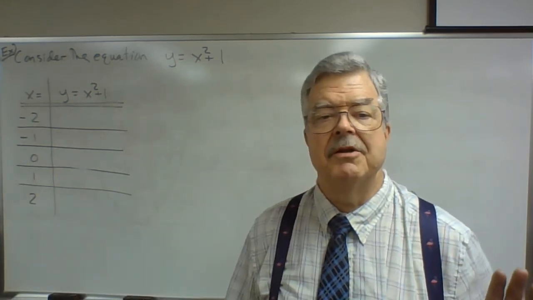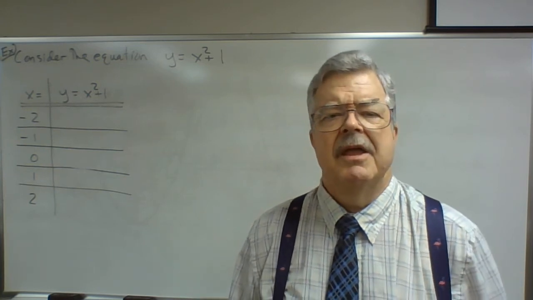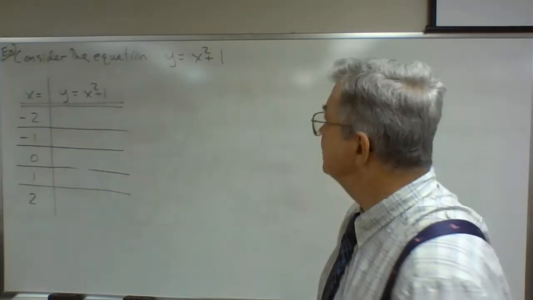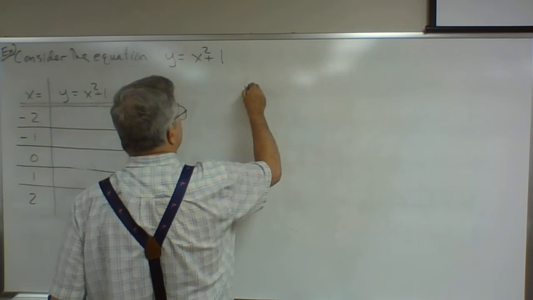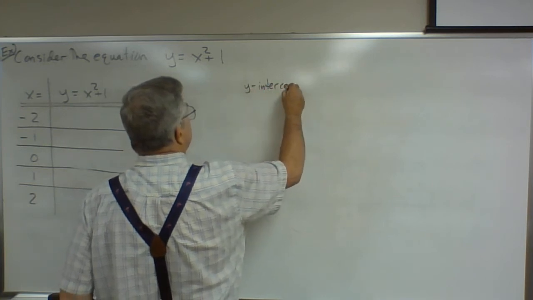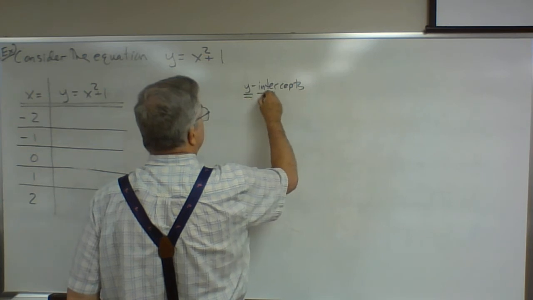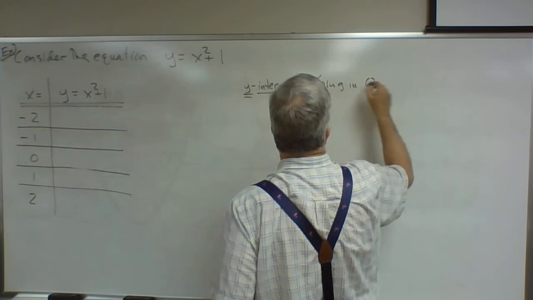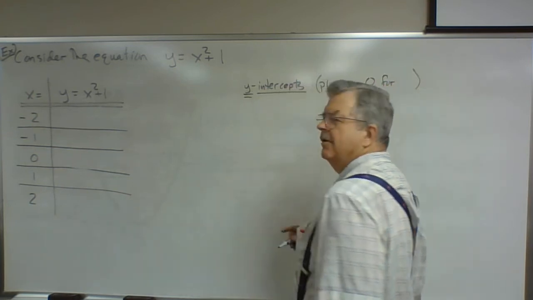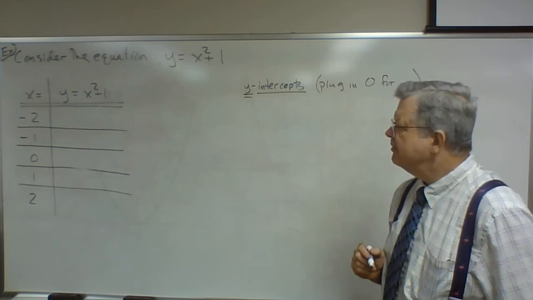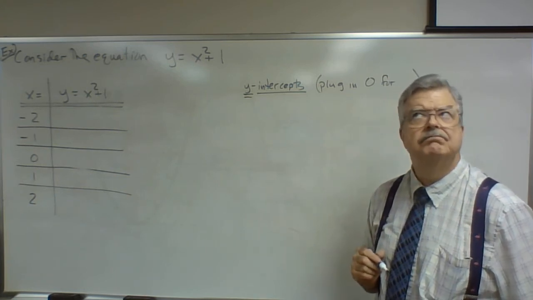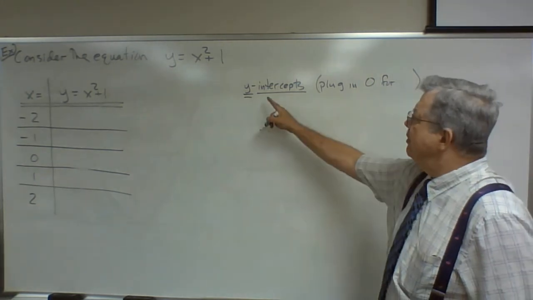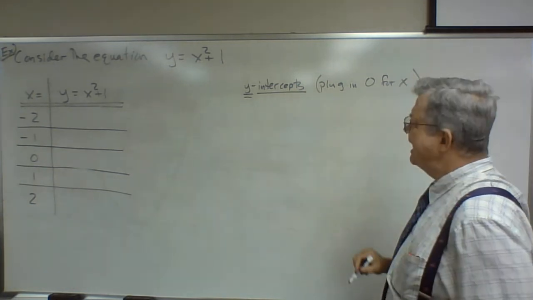And the first thing I want to do, because these are so important, is make sure that I find all the intercepts, the y-intercept, the x-intercepts. For the y-intercept, we plug in 0 for x, because on the y-axis, x is 0.